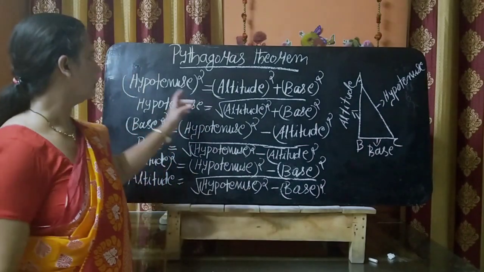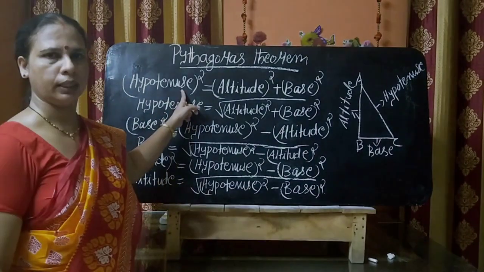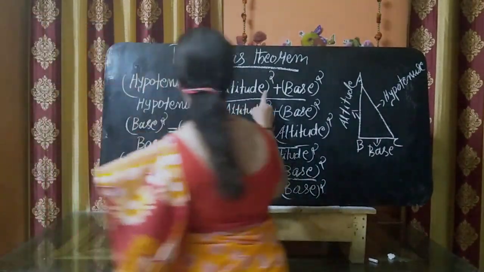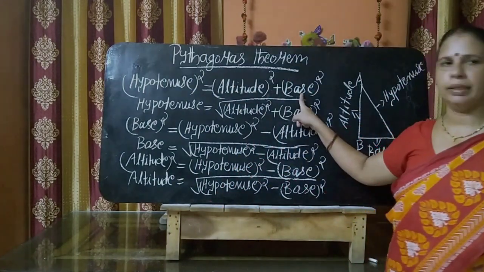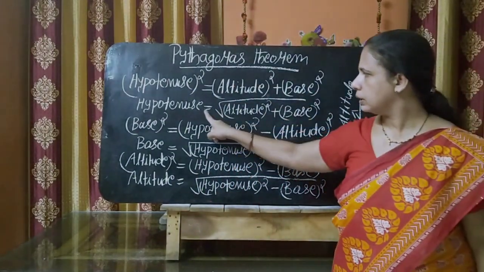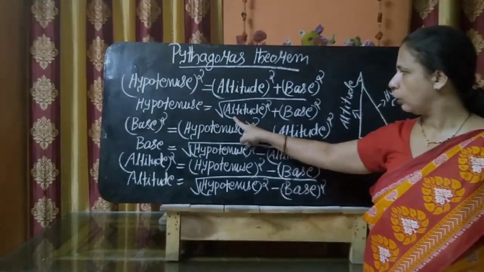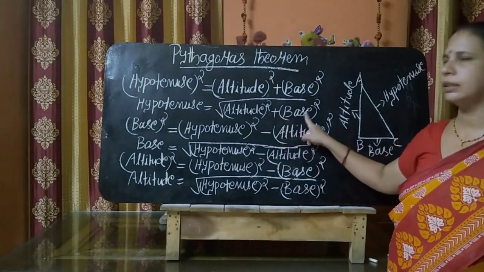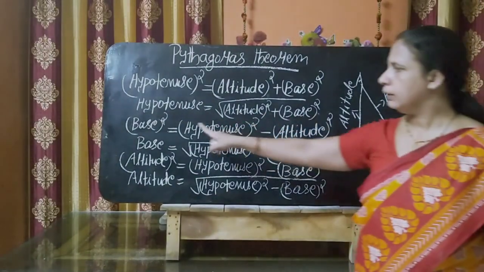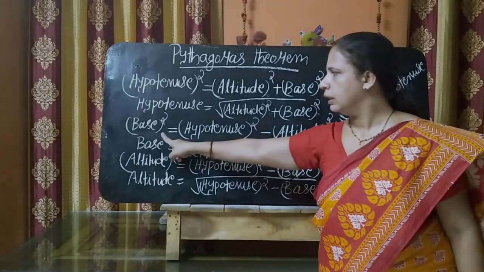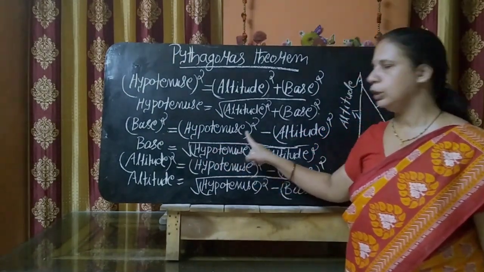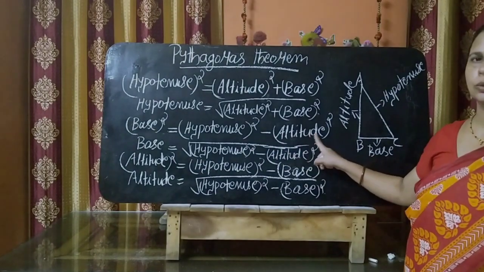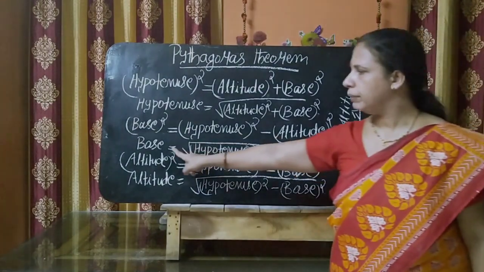Once more, here hypotenuse square is altitude square plus base square. Hypotenuse equals square root of altitude square plus base square. Next base square we have to find out. Base square equals hypotenuse square minus altitude square. Next base.